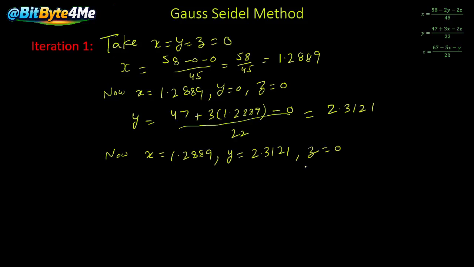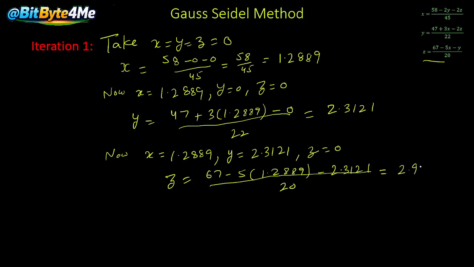So by using these values we can calculate the value of z by using this equation, that is equal to 67 minus 5 into x, 1.2889, minus y, 2.3121, divided by 20, and if we calculate this you will get 2.9122.